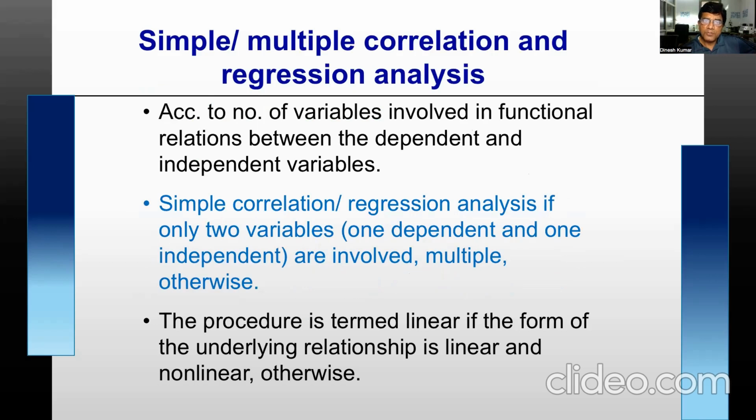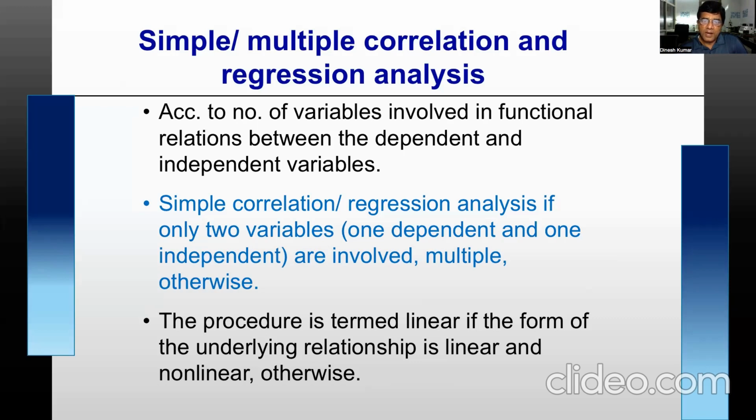And you will also see correlation coefficient. Correlation coefficient is many times written with capital R, and sometimes with small r. Similarly, you also have coefficient of determination. Many of you may not be knowing the difference between correlation coefficient and coefficient of determination.